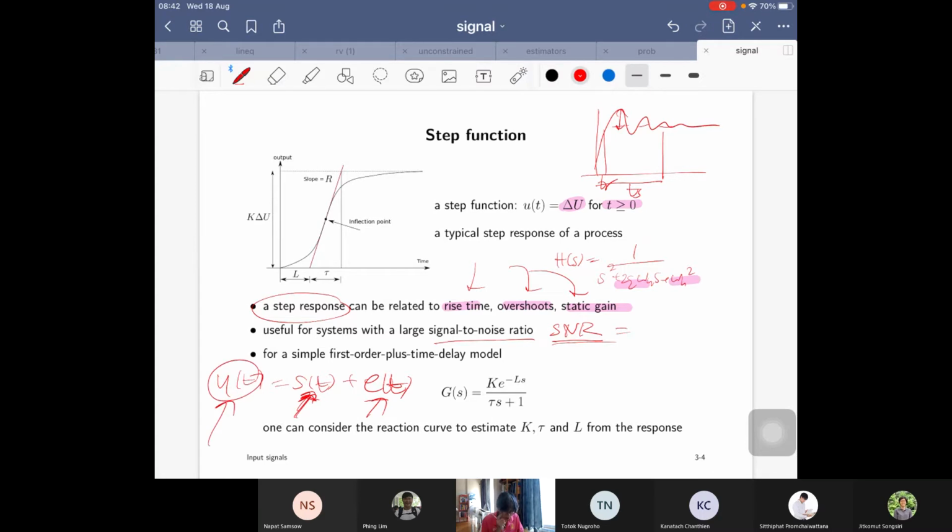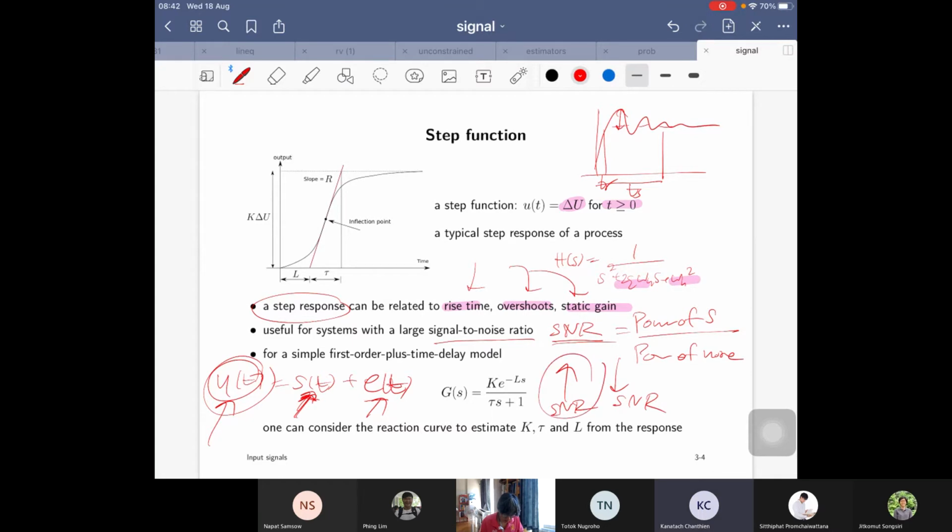Signal to noise ratio is a common term in signal processing: the ratio between the power of the intrinsic signal and the power of noise. In engineering applications, do you want a signal with a higher SNR or a lower SNR? Kanatat? Lower. Huh? No.